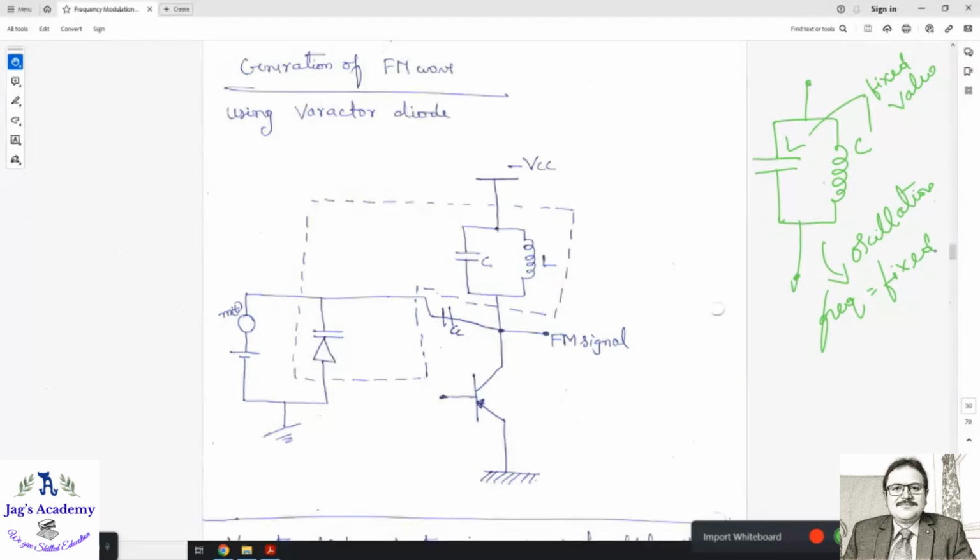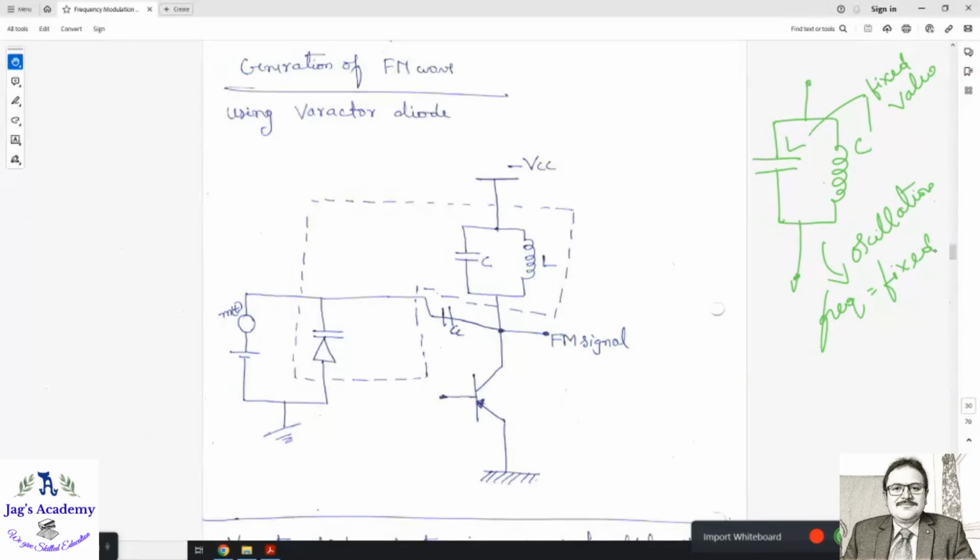Now, my question is, if I want to use this for FM generation, what alteration can I make to this? Come on, think about it. You have two values to be varied, either C or L, to have various frequency.